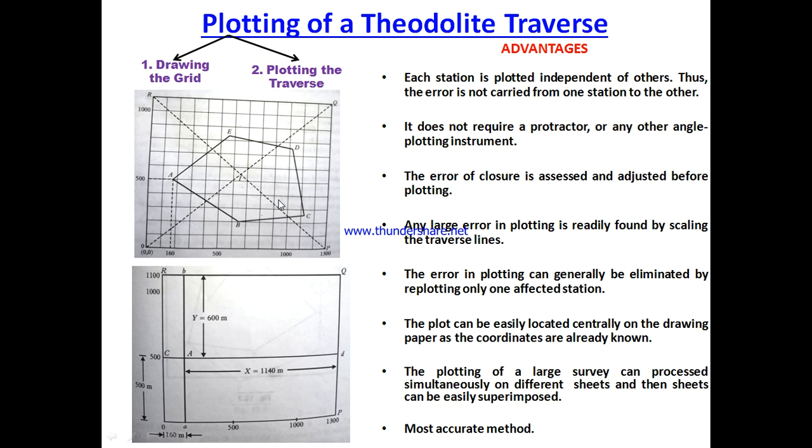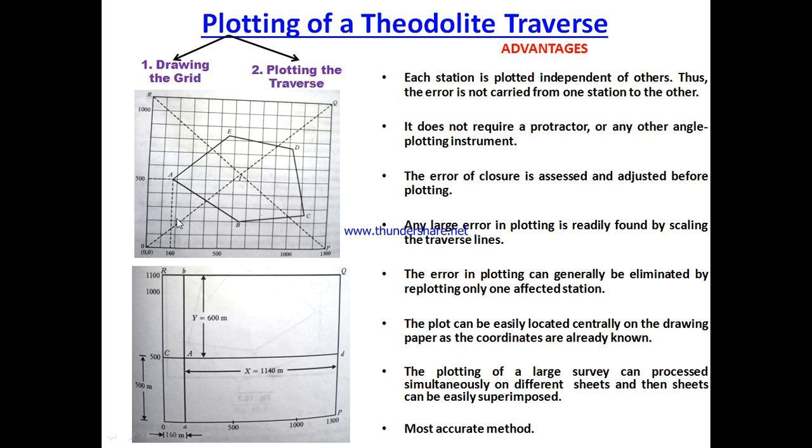So how to plot the traverse? In this particular case, after locating the point O, suppose I need to locate a traverse point which has coordinates 160 meter in the east direction and 500 meter in the north direction.